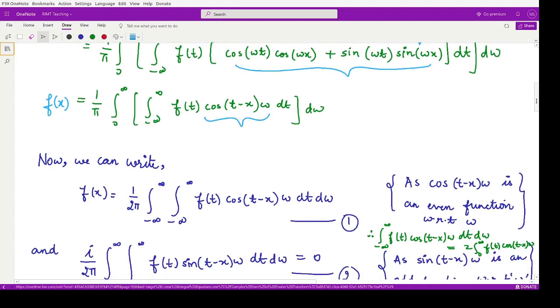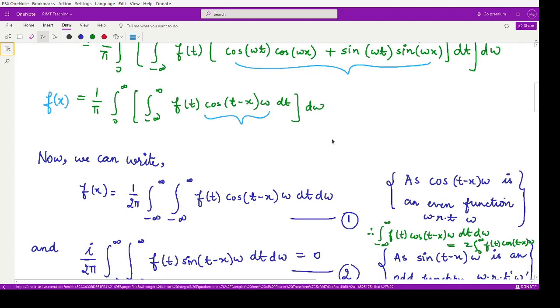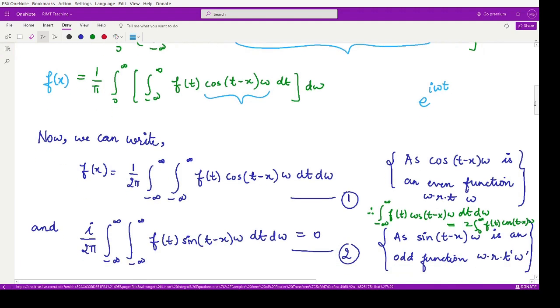The next thing is that we wanted our integral to have the form e to the power iota omega t. So let's see how we can reach there. Here we have this expression.